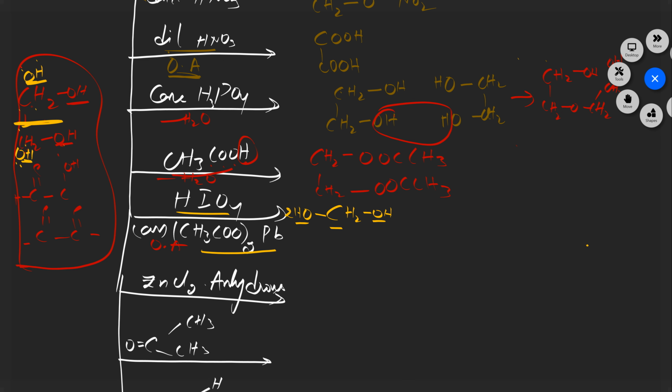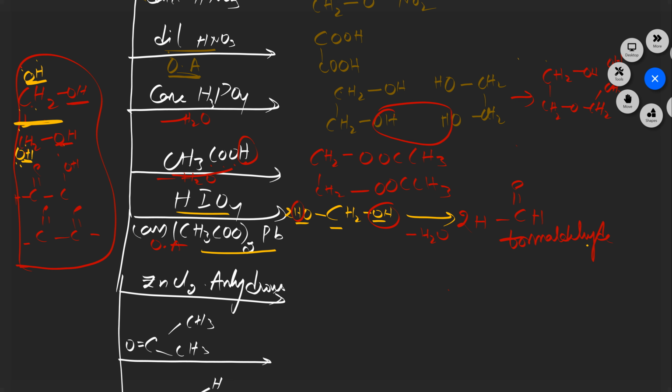Highly unstable means again loss of water will take place: minus H2O. What will form? HCHO. What is the name of this one? Formaldehyde is going to be formed if HIO4 reacts with glycol, 2 moles.